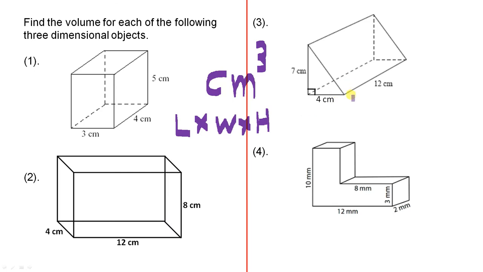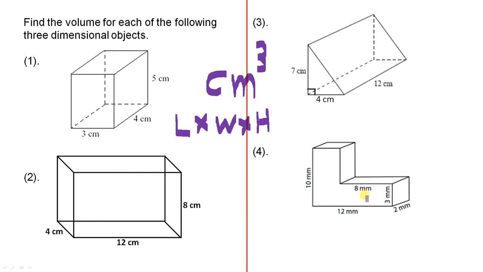Over here we have a triangular prism, and basically the volume here is the area of the triangle times the length, and we saw in earlier videos how to work out the area of a triangle.